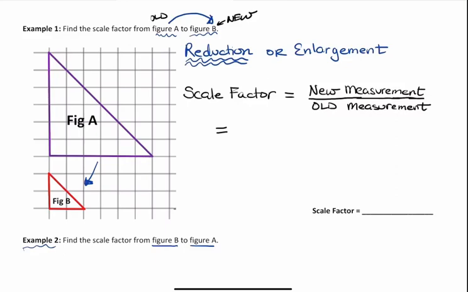Now here's one thing we do need. We definitely need some numbers here. So let's just compare some sides. What is the length of that side? Well, that is 6 units right there. And on figure B, that one is 2 units. I'd be careful with looking at anything diagonal on a triangle, because that right there, is that 1 unit?